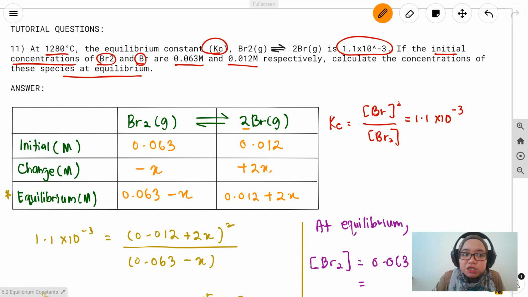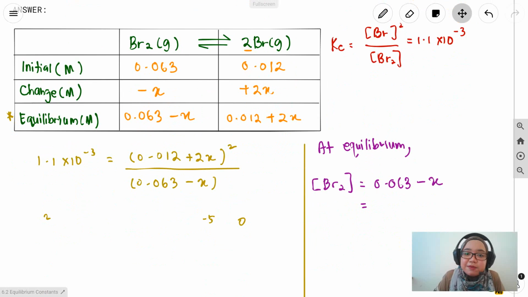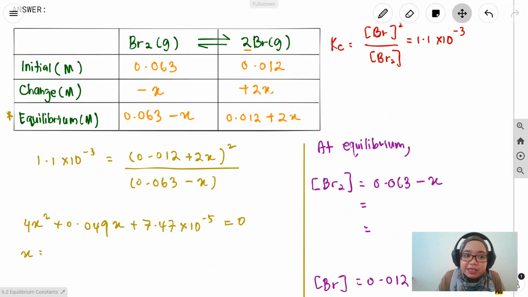If the initial concentrations of bromine and Br are 0.063 molar and 0.012 molar respectively, calculate the concentrations of these species at equilibrium. We know that Kc equals Br squared divided by bromine, equals 1.1 times 10 to the negative 3. We substitute the unknowns at equilibrium into the Kc expression to find x.